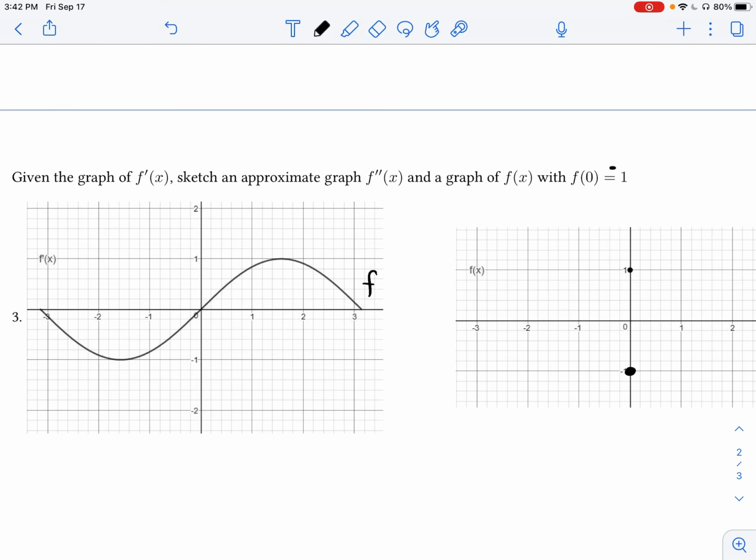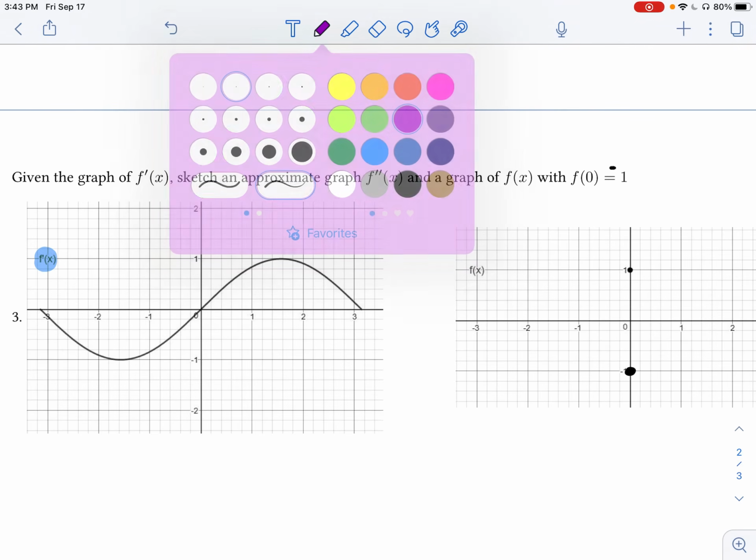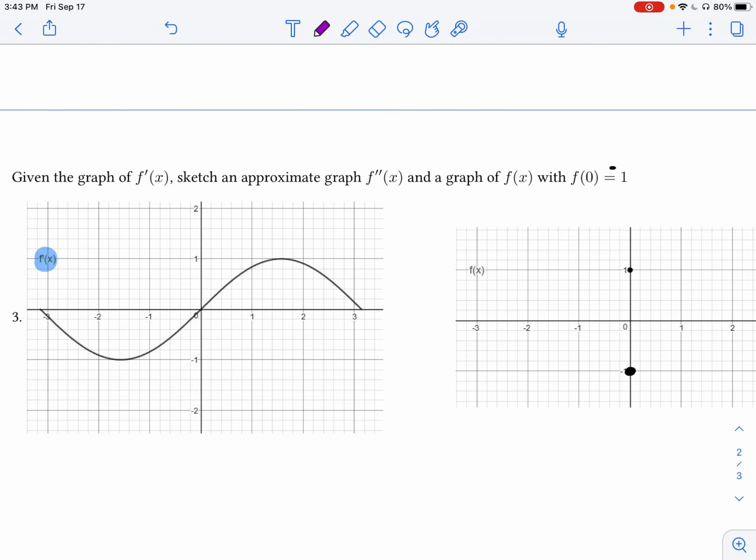Well, if this is f prime of x, and maybe I should just highlight it instead of writing that again, let me go to a different color now. If that's f prime of x, we know that the slope of the tangent line here appears to be 0, and we can also see a horizontal tangent line around here. At the origin, it looks like our tangent line has a slope of about 1. And then similarly, at these points, we can see that the slope of the tangent line appears to be about -1.